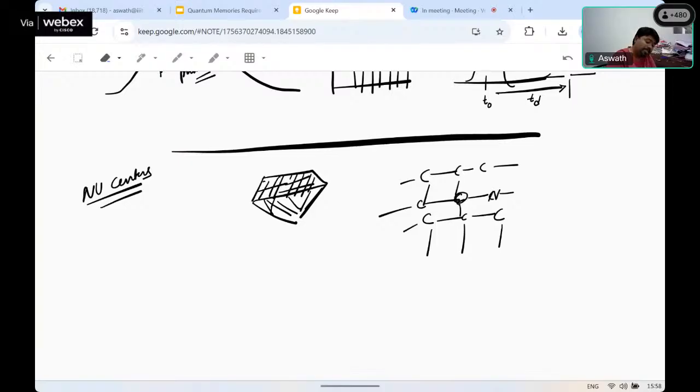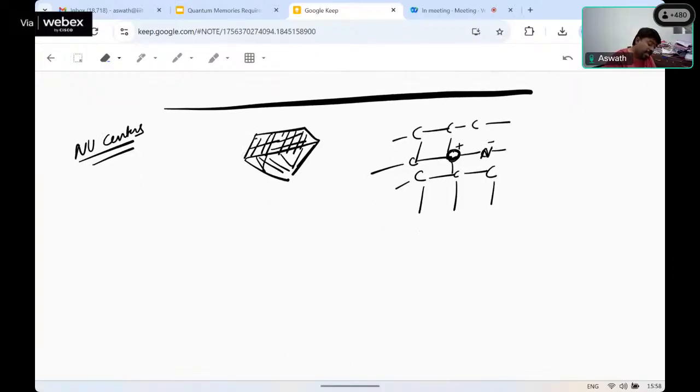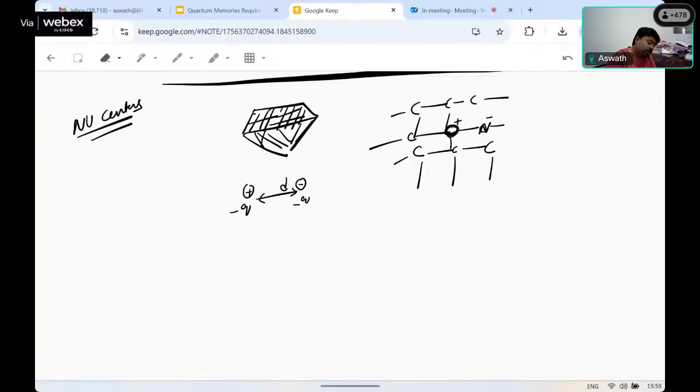The other one, you just leave it as it is. You leave the vacant space. By the way, the vacant space becomes positive, and the N which is coming in becomes negative. So it is just like a positive charge and a negative charge separated by a distance. So if the charges are equal, positive and negative, it is going to create an electric dipole. And this dipole is very, very sensitive to the external environment.